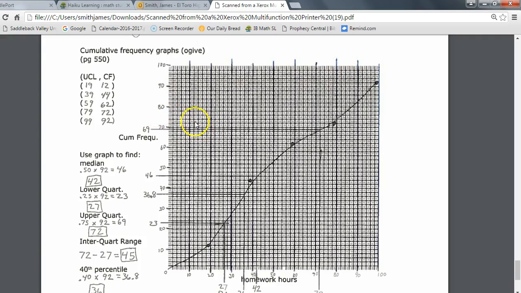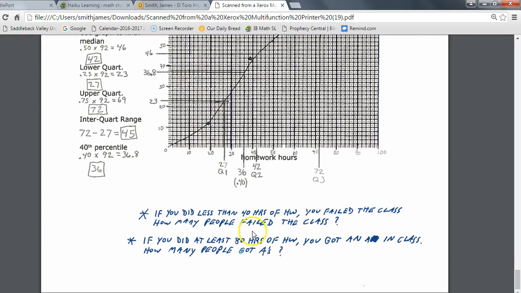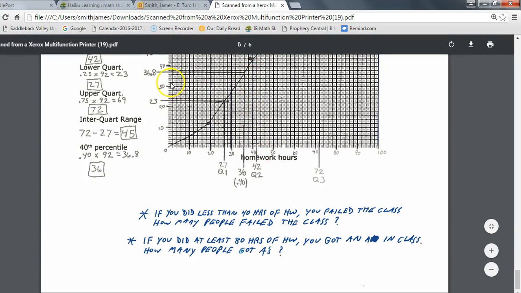And so you got to be careful with the wording on that to make sure that we answer these questions correctly. This question in particular was referring to numbers lower than 40, which is why when we trace this one up and over, that was our answer because that covered everything from here down.